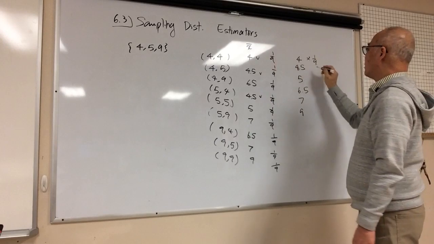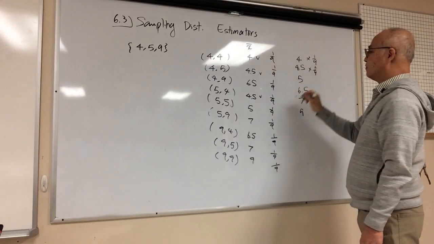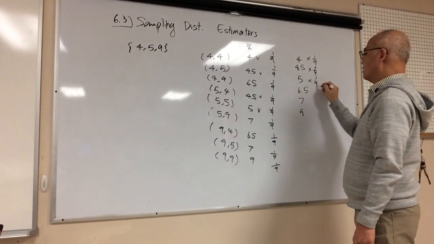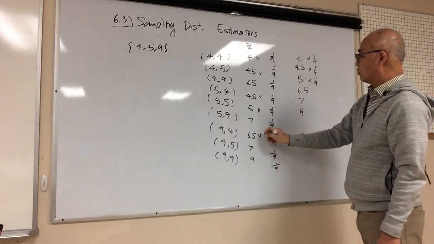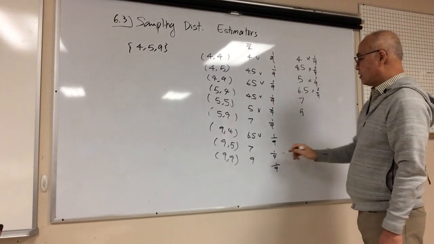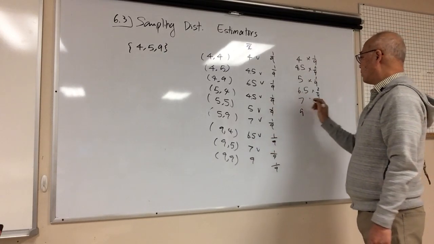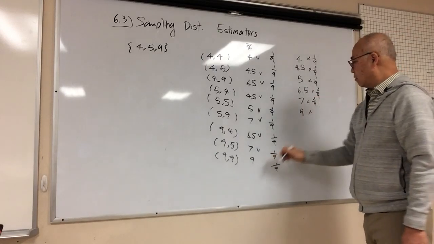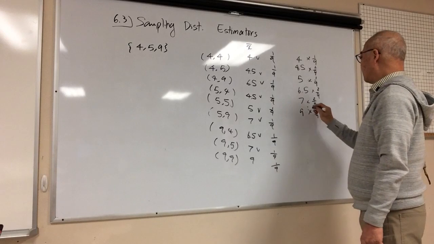Okay, we already checked that one off. 2/9s. 5, 1/9. 6.5, 2 of them, right? 7, 2 of them. 9, 1/9.